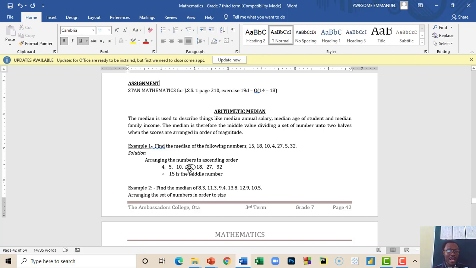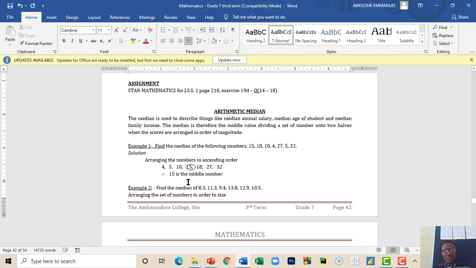Like I said, it could be either ascending or descending. Both methods still work. When arranged in ascending order, we observe that the median is 15. Since 15 is the middle number, this is an odd set of data. Odd in the sense that we have 7 entries here, so the middle number should definitely be the 4th item, which is the median.